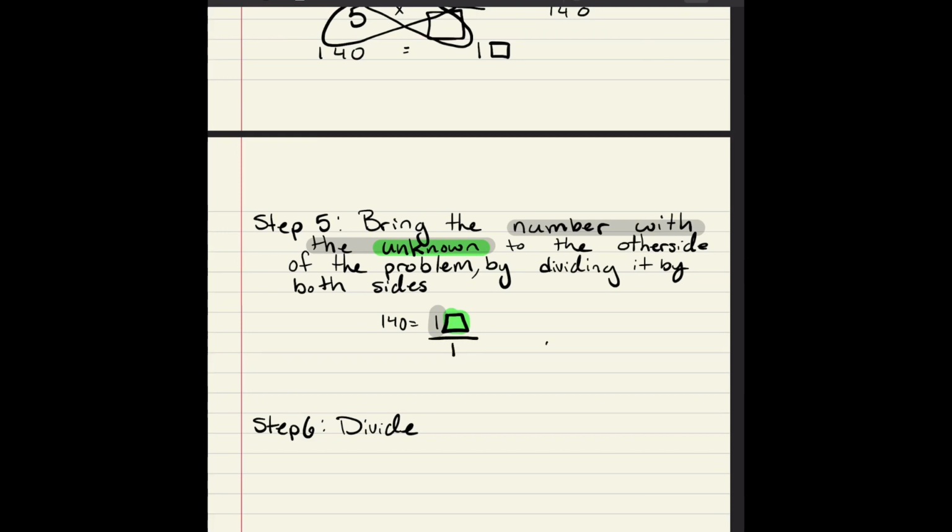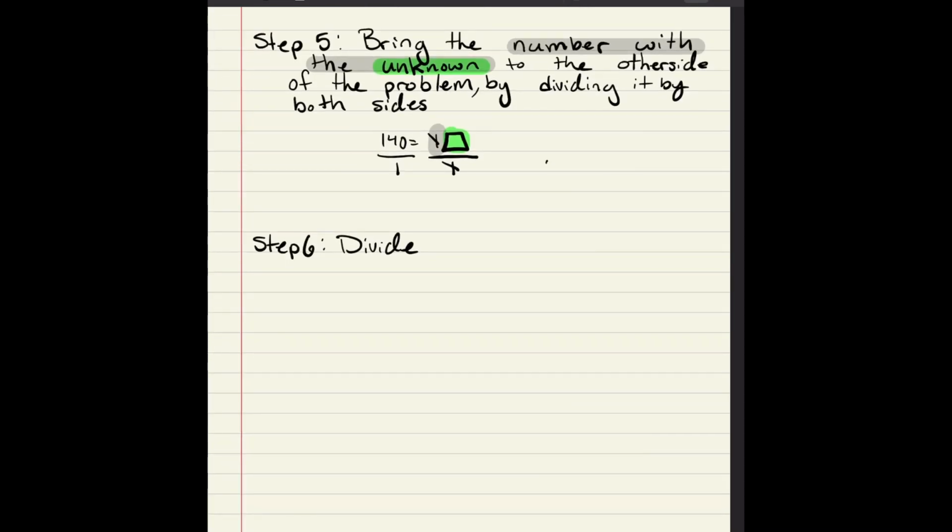So I'm going to divide by 1 here and divide by 1 here. This cancels out. And then I'm left with 140 over 1 equals our unknown. And when we divide, our numerator falls down. And anything divided by 1 would be itself. So 140 equals our unknown.